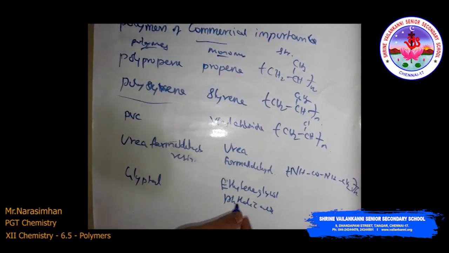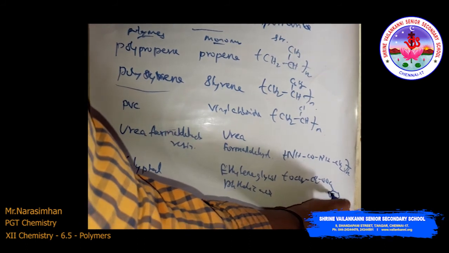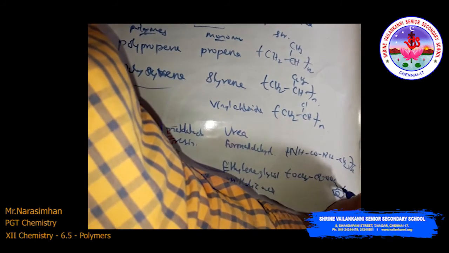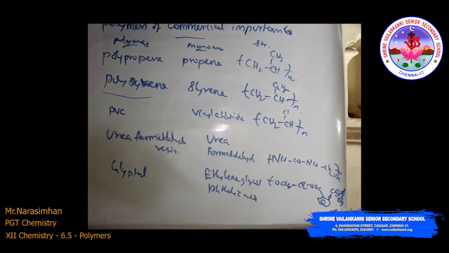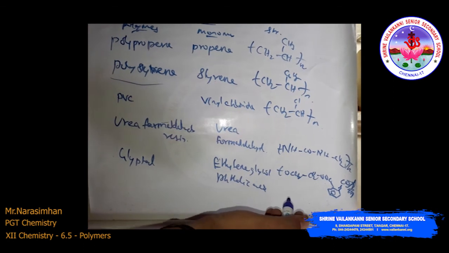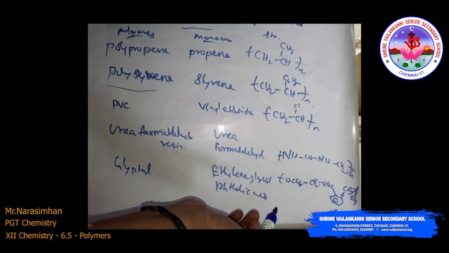The structure is like this: O CH2 CH2 OOC and CO, n times. It is used in the manufacture of paints and lacquers, in the paint industries.